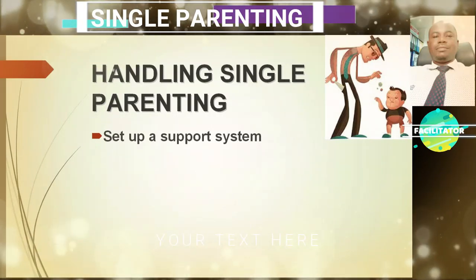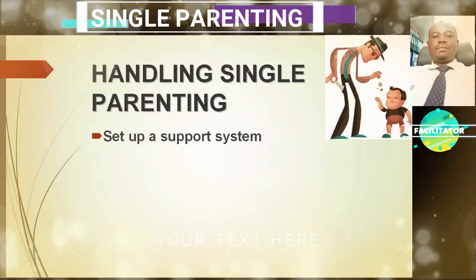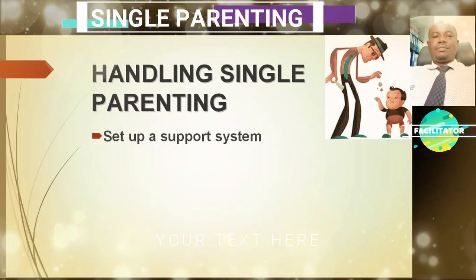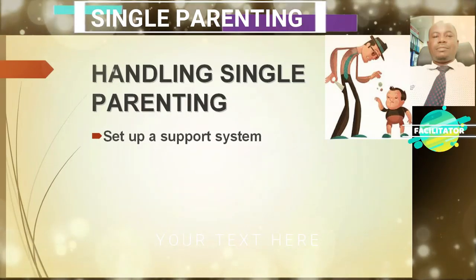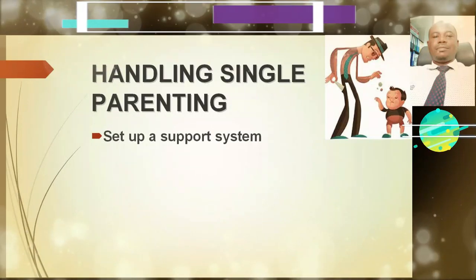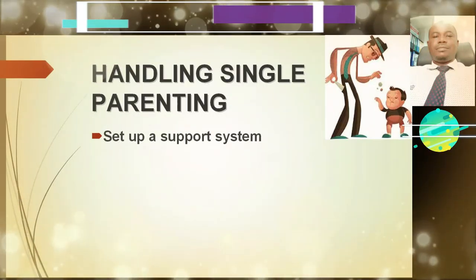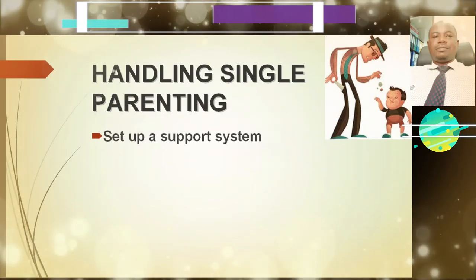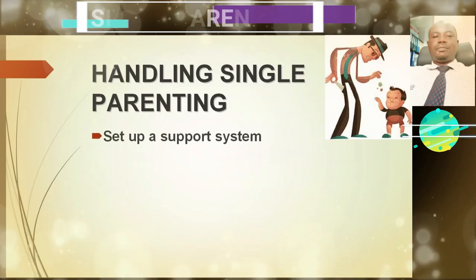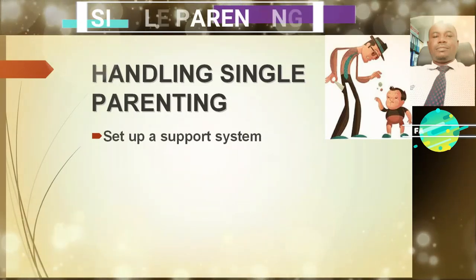So the likelihood that every parent can fall into single parenting is high. Let's say, as for divorce, maybe the two families can work together to prevent divorce. You can prevent all that we listed, but you can't prevent death from happening. So we all have the chance to end up in single parenting. That's why it's important to know some of these things.